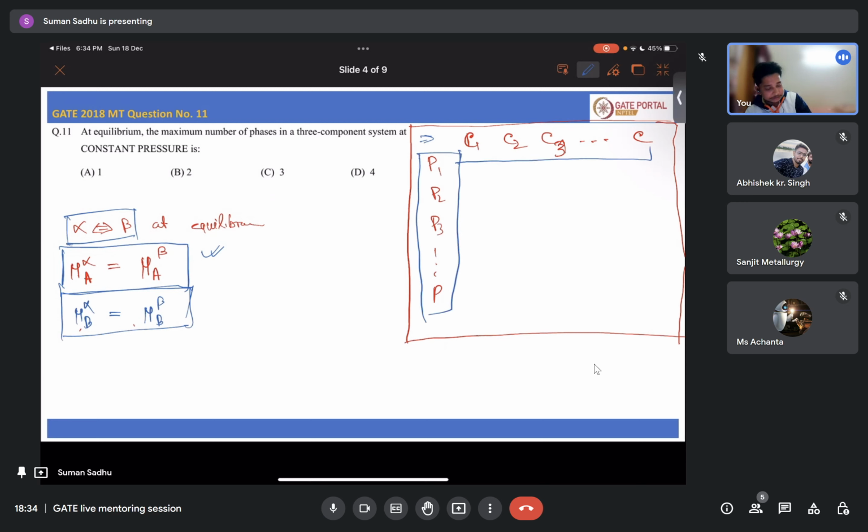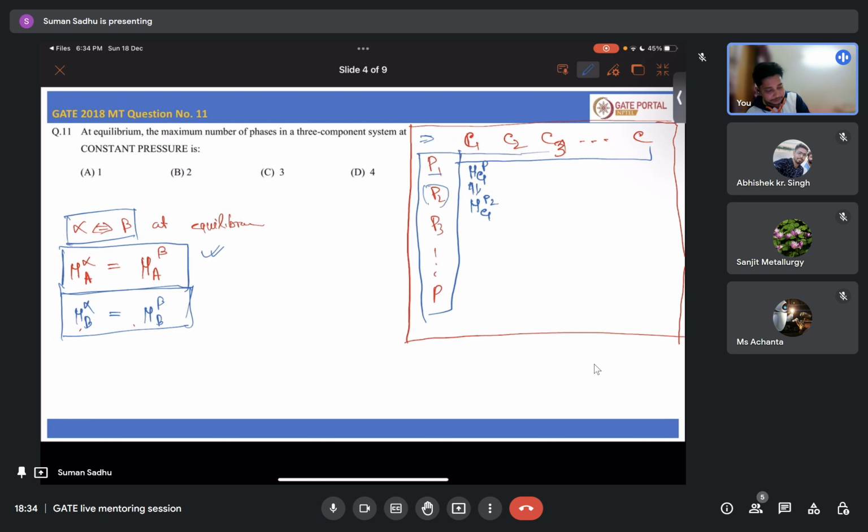So in this case mu of component 1 in phase 1 is equal to mu of component 1 in phase 2. So this is one equilibrium, right? If phase 1 and phase 2 are at equilibrium, then mu of component 1 in phase 1 will be equal to mu of component 1 in phase 2.